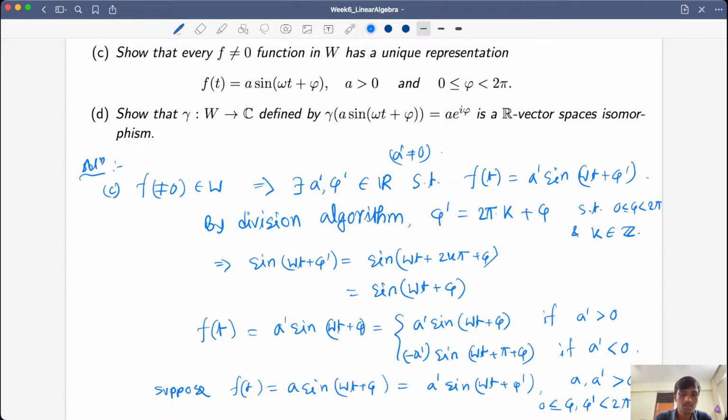If this is the case, how do you show that a and a prime are the same? First of all, I will show that a and a prime are same. How do you show it? You need to use sine square theta plus cos square theta equal to 1. That's the only thing here.